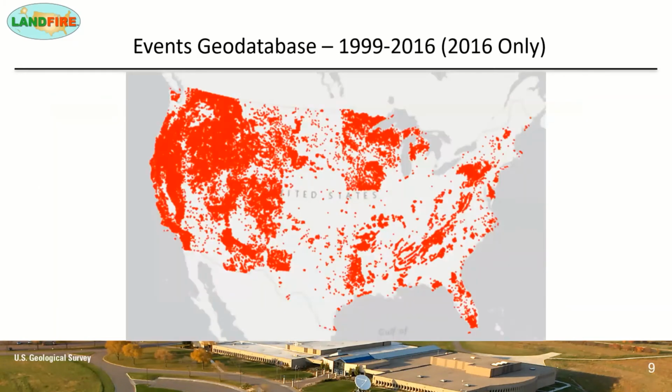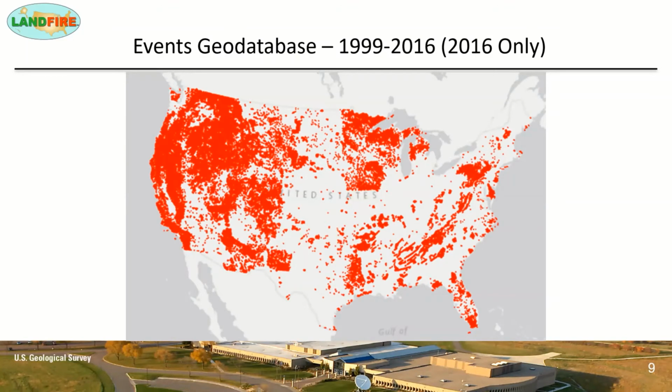And then another source that we have is our events geodatabase. And again, those are the shapefiles, the perimeters, the polygons that folks submit to us from all different sources. And you can see, from 99 to 2016, there's a lot going on, but you can also see that there's some patterns of reporting, right? So this state did better than the one below it.